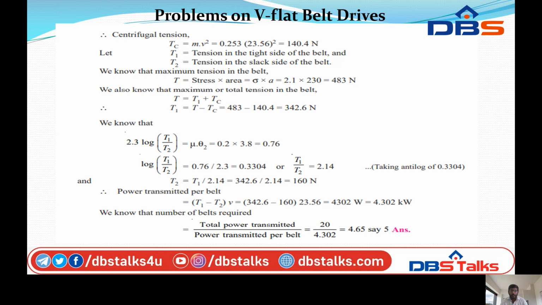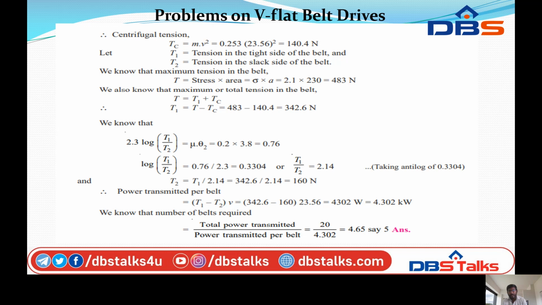We also know that the maximum or total tension in the belt, T, is equal to T1 plus Tc. So T1 is equal to T minus Tc, that is 483 minus 140.4. Finally T1 is equal to 342.6 Newton.